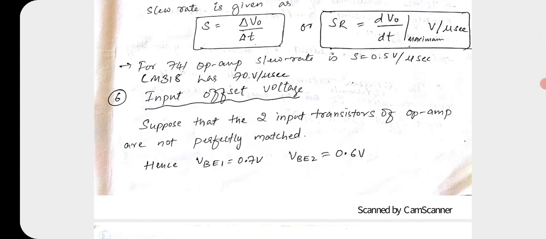Yes. Input offset voltage and output offset voltage. If there is any mismatch between VB1 and VB2, what is this VB1, VB2? These are the VB voltages of two transistors which are connected inside the op amp, right?